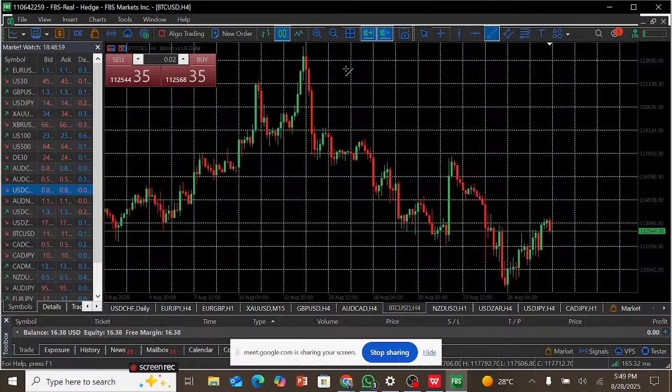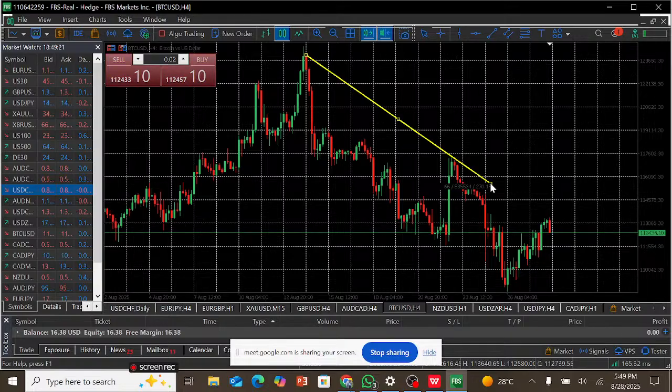You get this tool and come to the price where the market started dropping from. For example, where Bitcoin went up and started dropping from here, I draw the trend line from where the dropping started and connect it to the second point, and I won't force it.